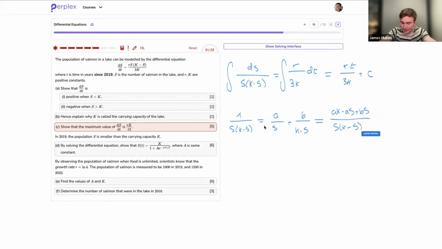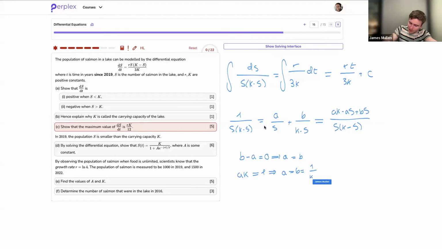Now, I notice that my denominator here does not contain any s. In other words, I must have these two terms in s be equal to 0. So that means that b minus a is equal to 0, or in other words, that a is equal to b. And I have the constant term, which is ak, just equal to 1, which means that a, which is equal to b, is equal to 1 over k.